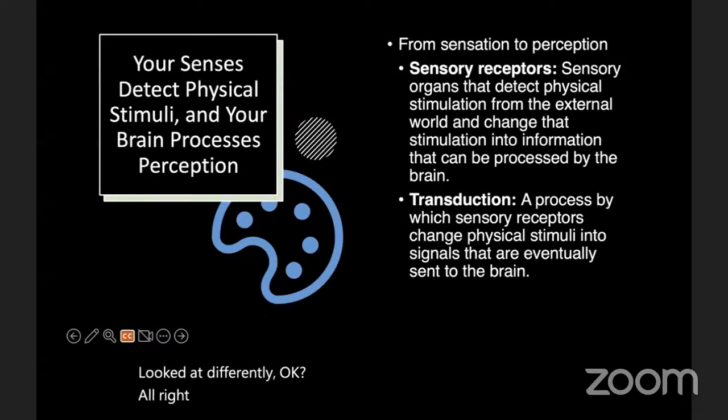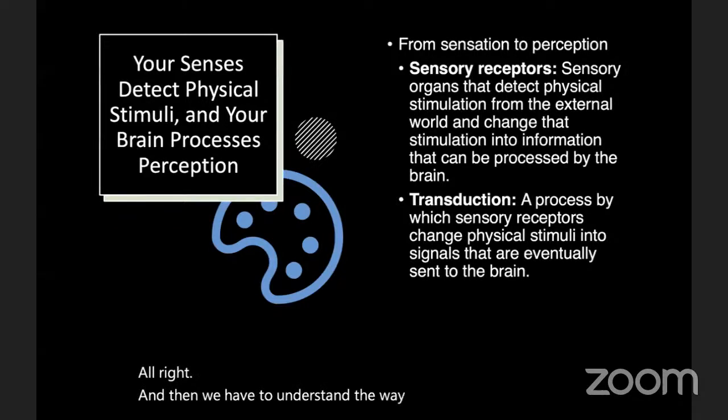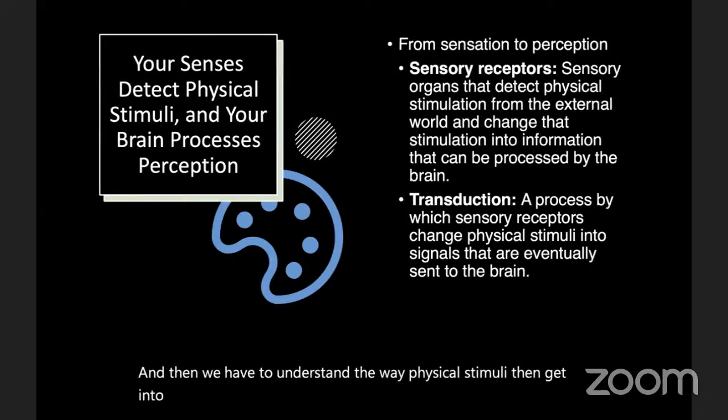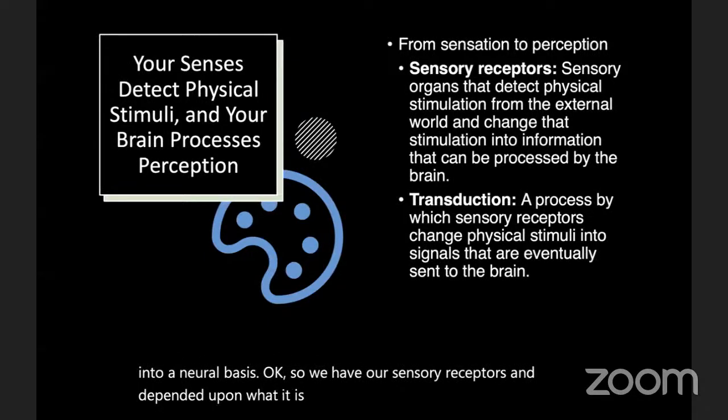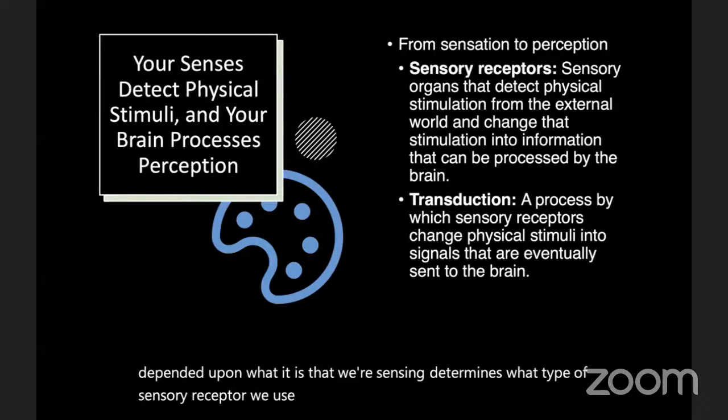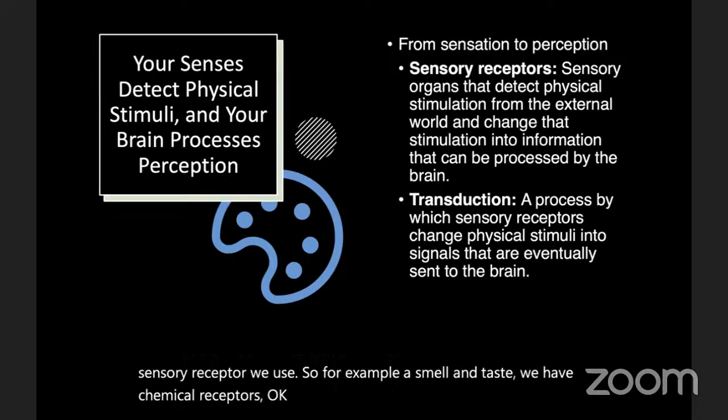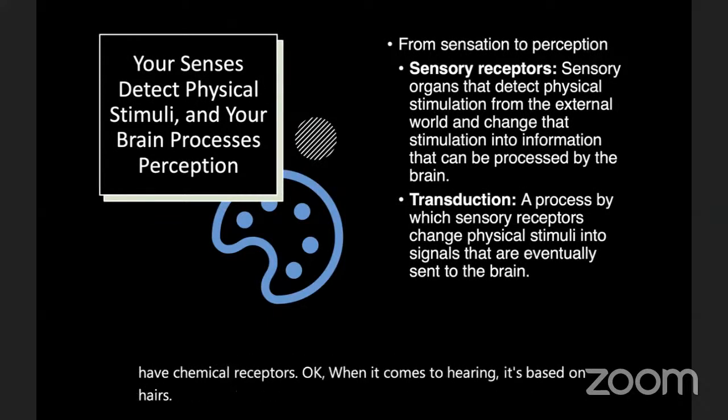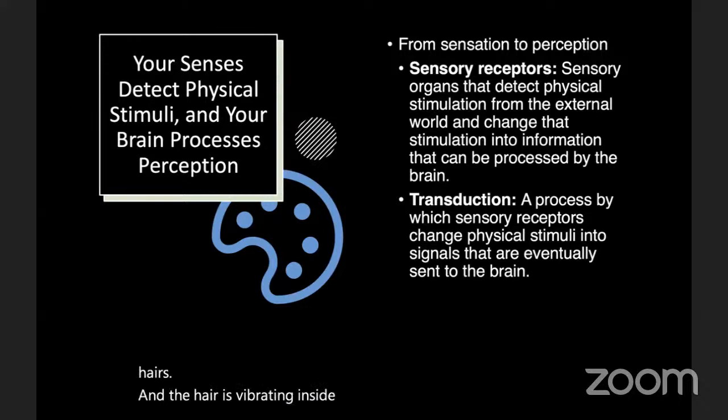All right. And then we have to understand the way physical stimuli then get into a neural basis, okay? So we have our sensory receptors, and what it is that we're sensing determines what type of sensory receptor we use. So for example, smell and taste, we have chemical receptors. Okay? When it comes to hearing, it's based on hairs, and the hairs vibrating inside the auditory canal that creates sound for us.